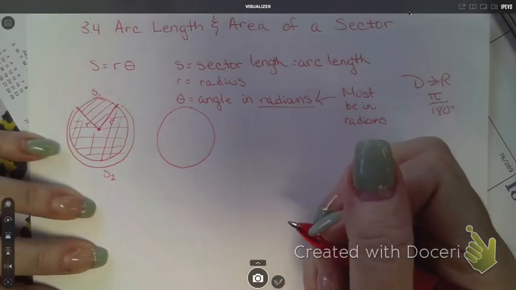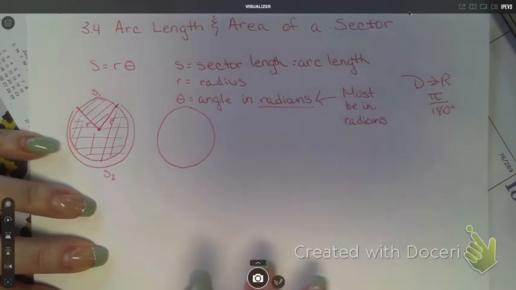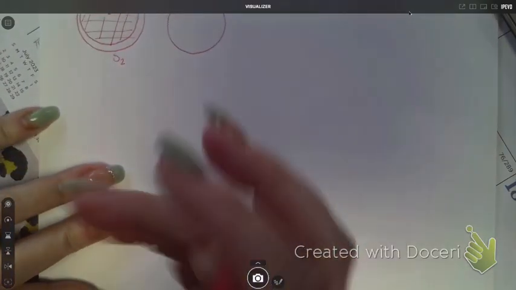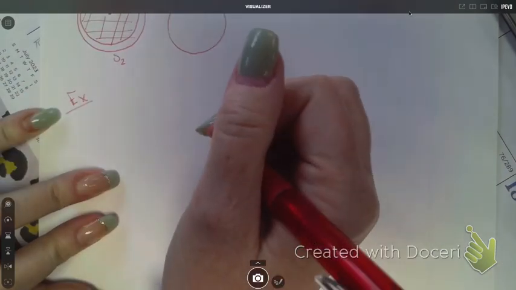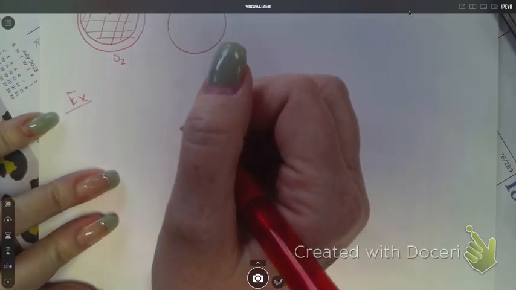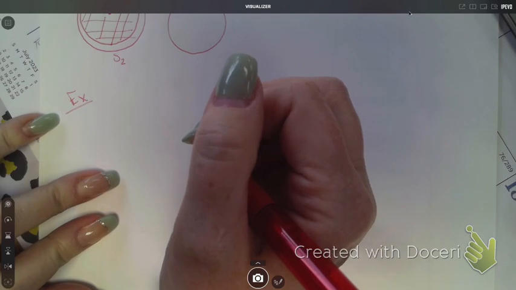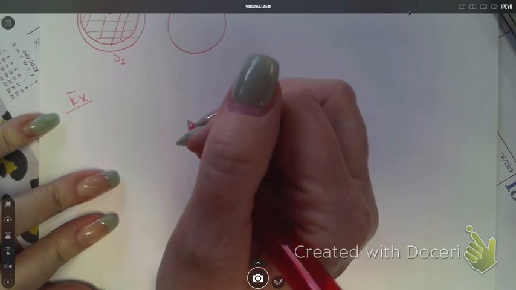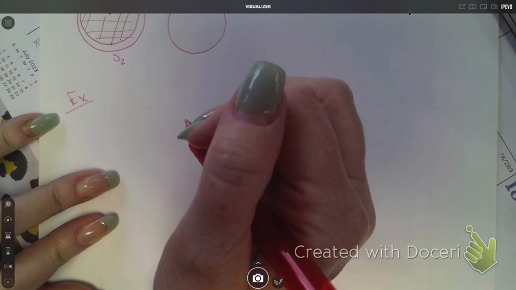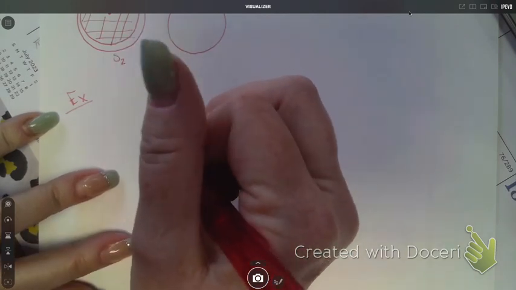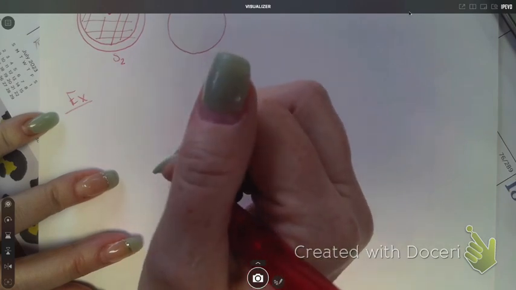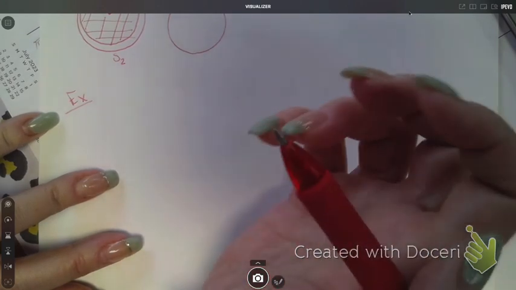Okay, so we're going to use that. I'm not going to do much with that because you already know how to do it. So all these problems you should be able to do today, right? Yes. Okay, given that, give the length of an arc cut off by a central angle of 2 radians in a circle of radius 4.3 inches. So the first thing you need to do is make a picture.